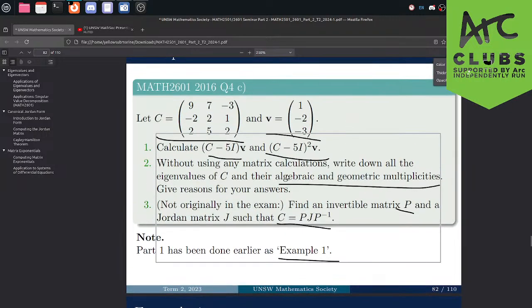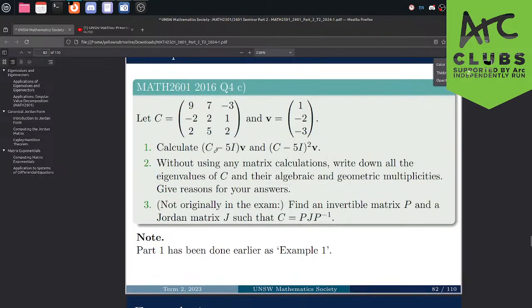And note, firstly, for part 1, we already saw that this is non-zero and this is a zero vector. So this is non-zero. This is really important, by the way. This is non-zero, but this is the zero vector here. Zero vector, non-zero vector.